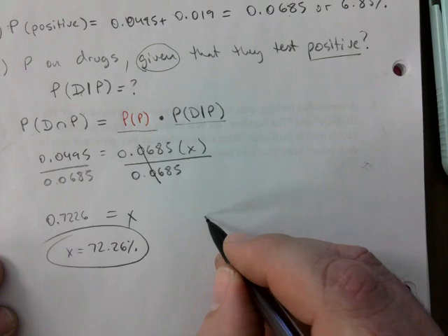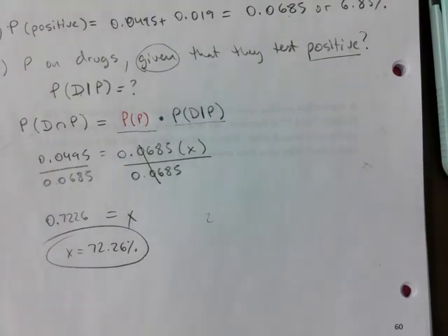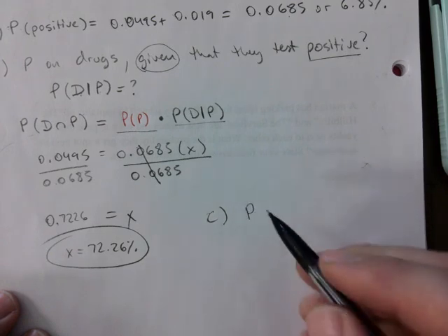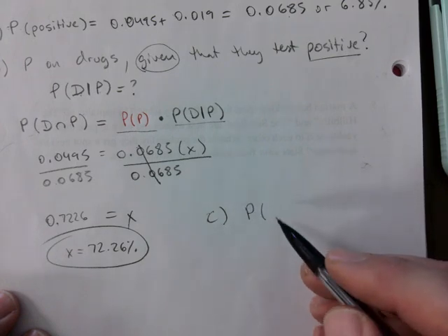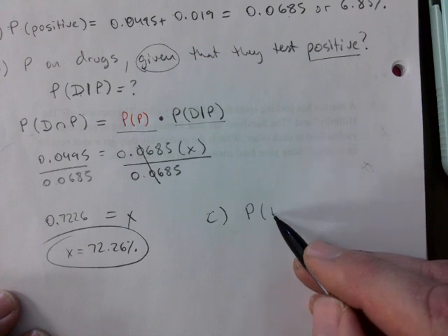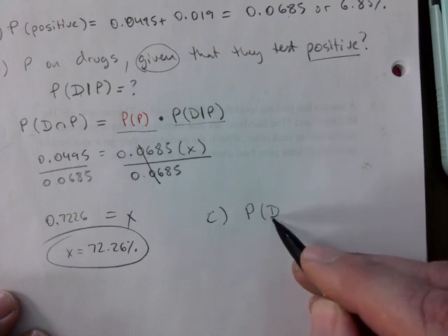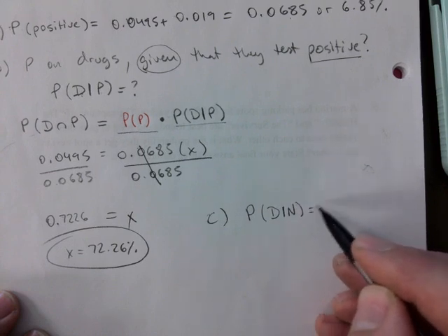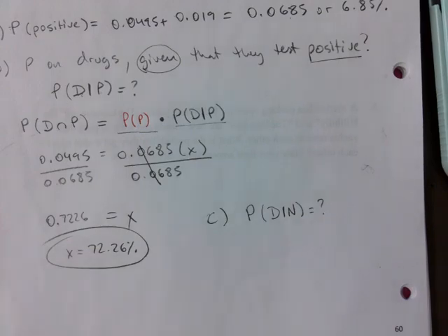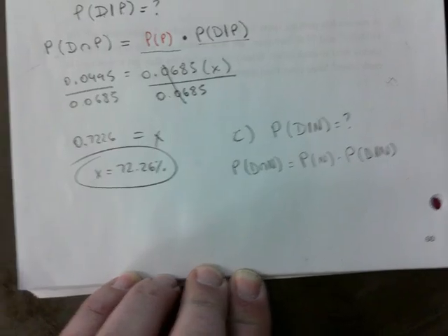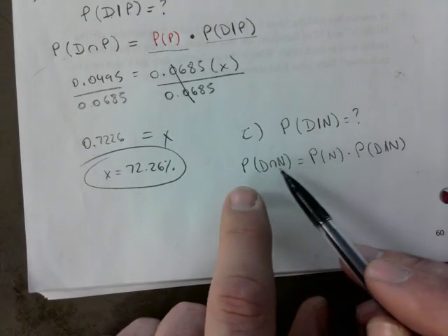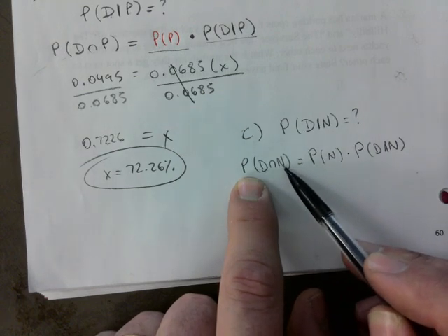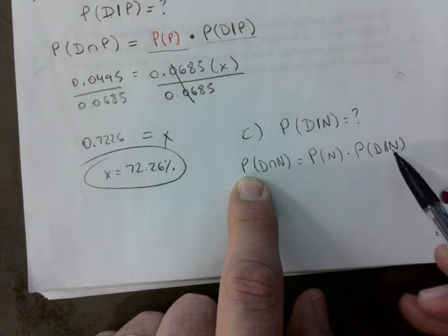So another challenge, if you'd like, is to figure out the probability of someone actually using drugs given that the test came back negative. And so this would then, you would consider a drug user and testing negative. And this goes over here.